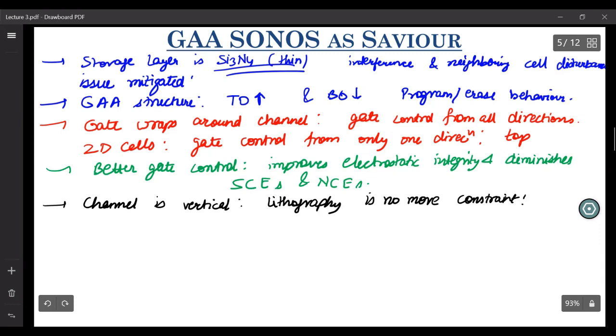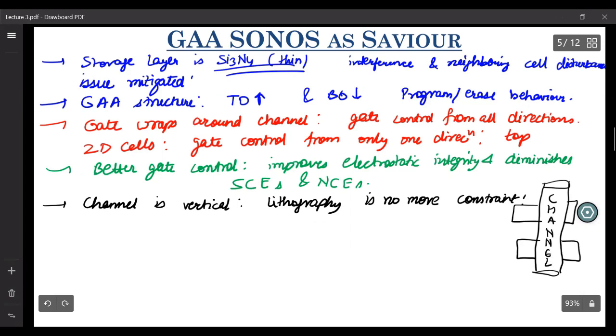How? Since it's vertical, it's like this. You have a cylinder going like this, and you have gates like this. So this is your channel, which is going in the vertical direction, and you have gates which are going in the horizontal direction.